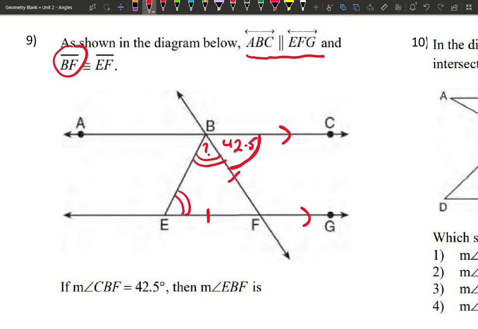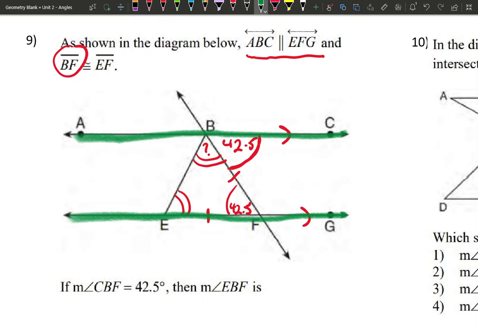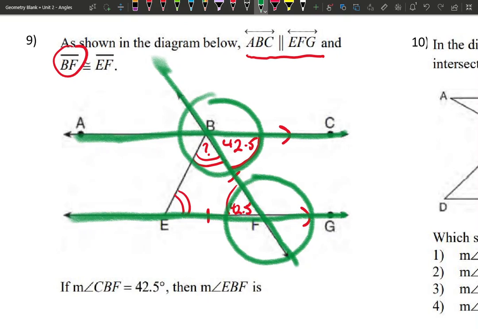If that's 42.5, I know that this one is also 42.5. And if you're wondering how, well, that's okay. Parallel lines, right? Ignore everything else except what's in the green. Transversal. And remember what we said earlier, the angles up here must match up the angles down here. So if this is 42.5, then that means this is 42.5.